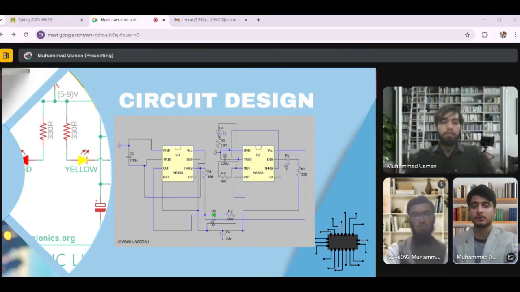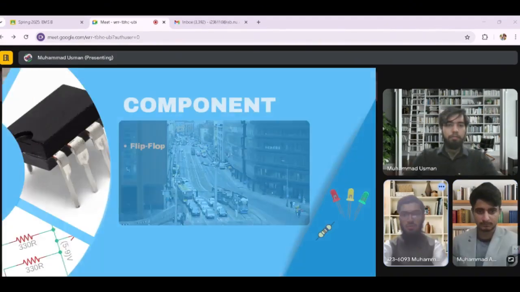We tested the simulation multiple times and made adjustments to the resistor values to ensure consistent and realistic timing sequence. This circuit is reliable and easy to understand, making it perfect for basic traffic signal demonstration.